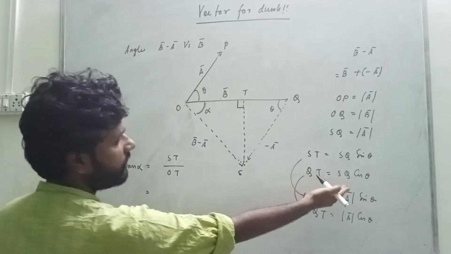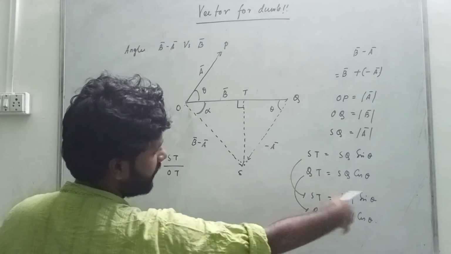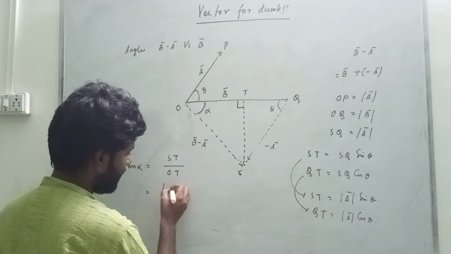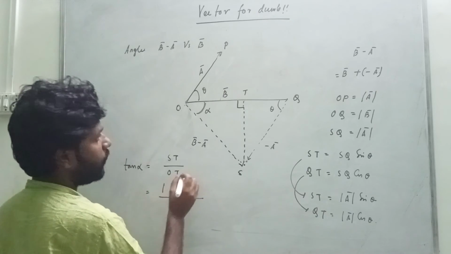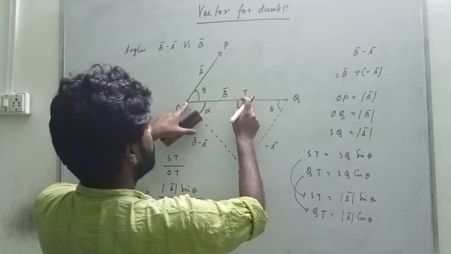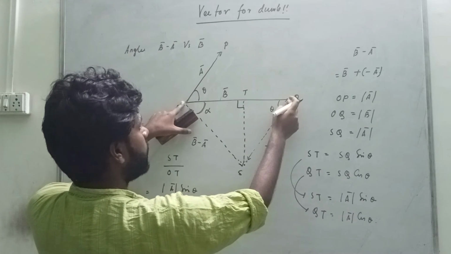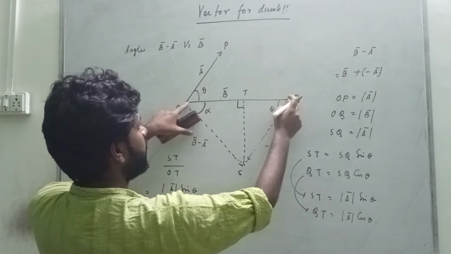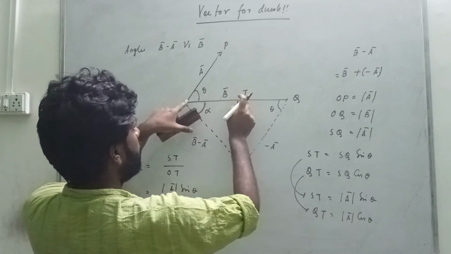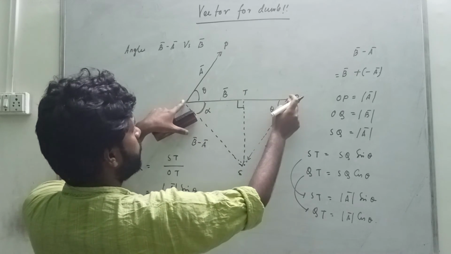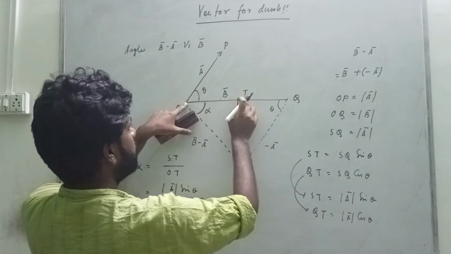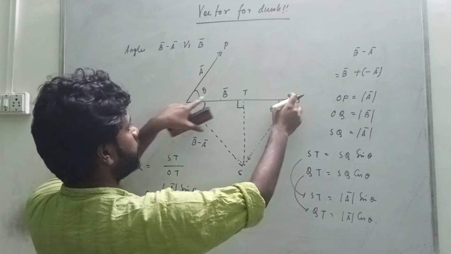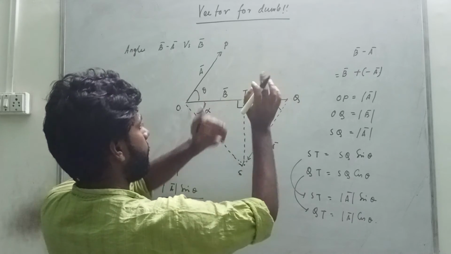ST means SQ sin theta, that means modulus of A sin theta, and OT means OQ, the full length, minus TQ. OT means full length OQ minus TQ.